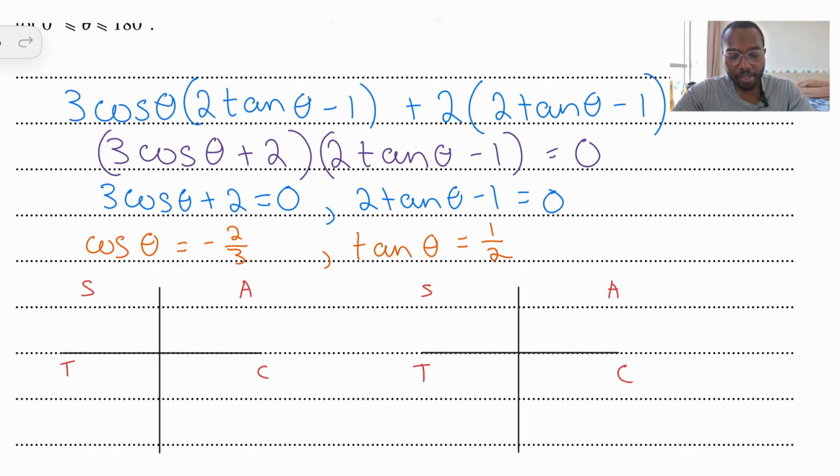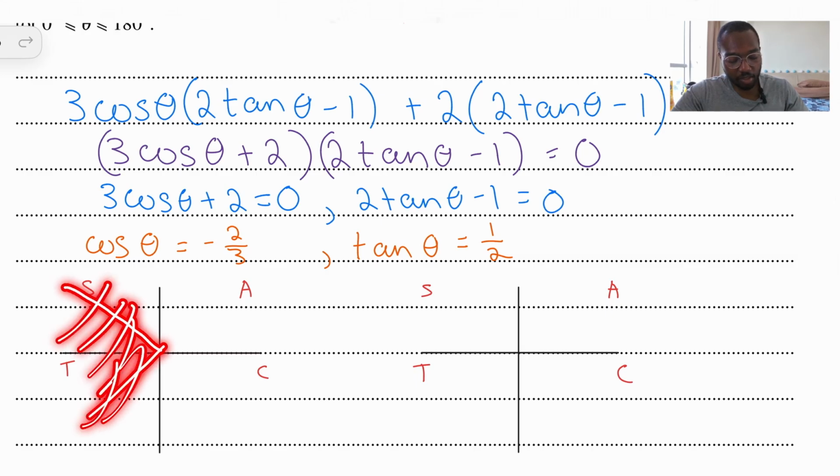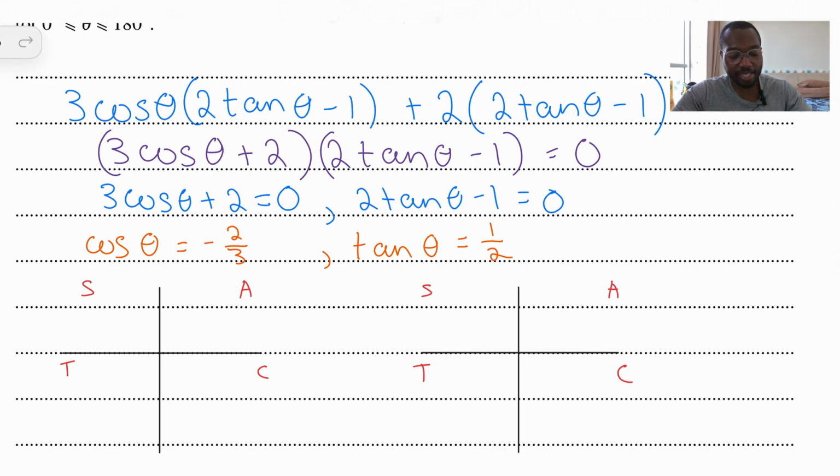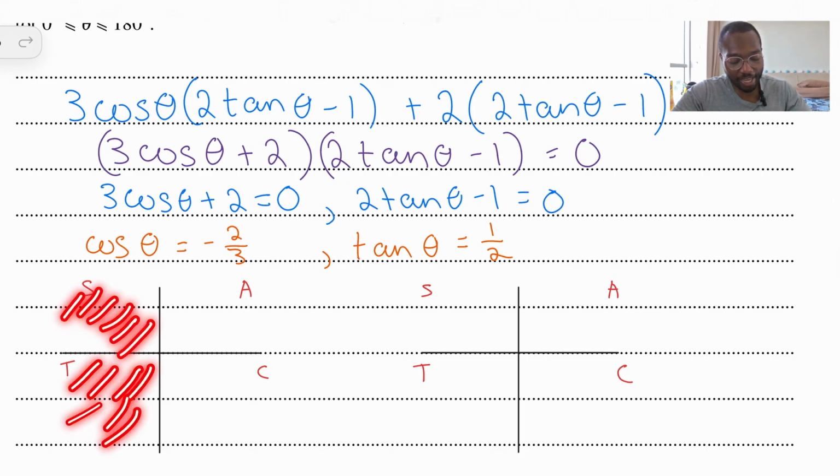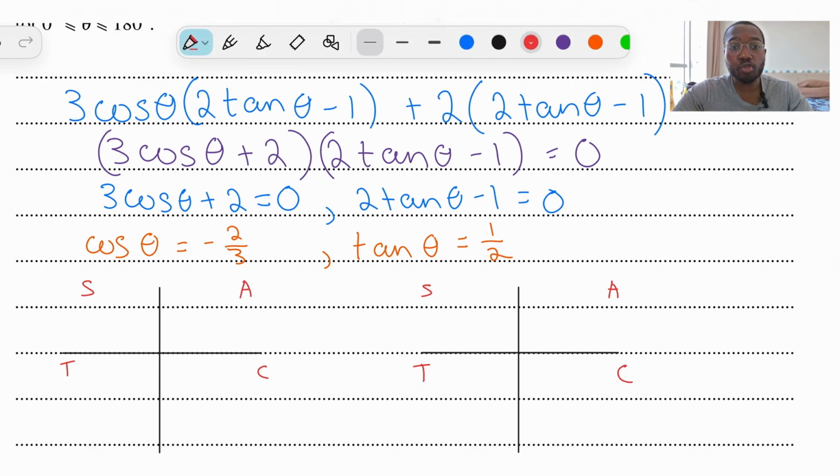So what does that mean? That means that whatever value we get, we know that we're going to be in these 2 quadrants here, because cos is negative. So we're going to be in this sine quadrant and we're also going to be in this tan quadrant here, okay? So if you do the inverse of cos of positive 2 over 3, you will get 48.2.